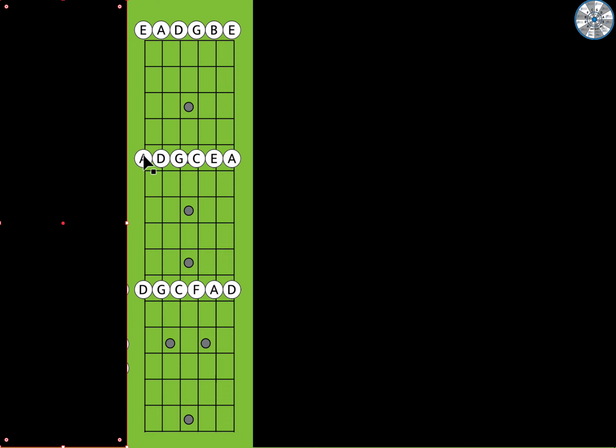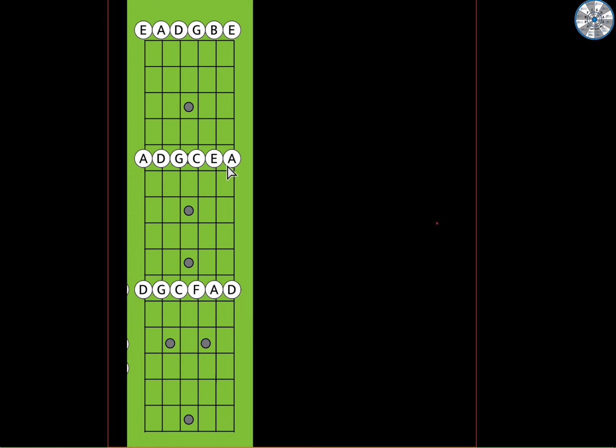Everything from the 6 in the key of C, A, D, G, C, E, A ends up on the 5th fret. So for every major key, you're going to have 3 straight lines within the 12 frets, and those are always going to take place on the 2, 3, and 6, the roots of the minor. Kind of convenient.